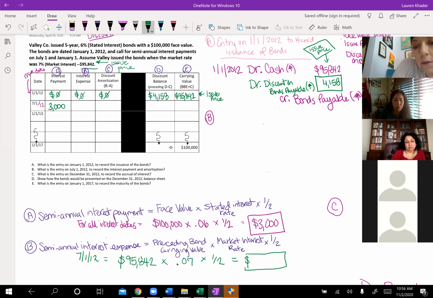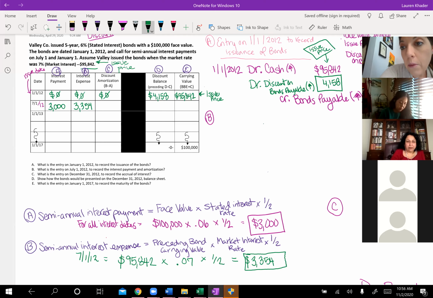And we're going to round it to the nearest whole dollar. 3,354 is the amount of interest expense that we're going to record on this interest payment date.